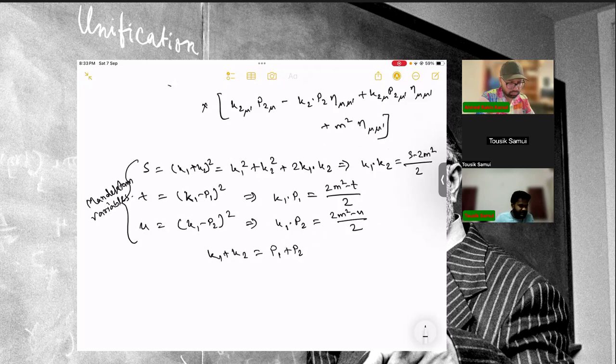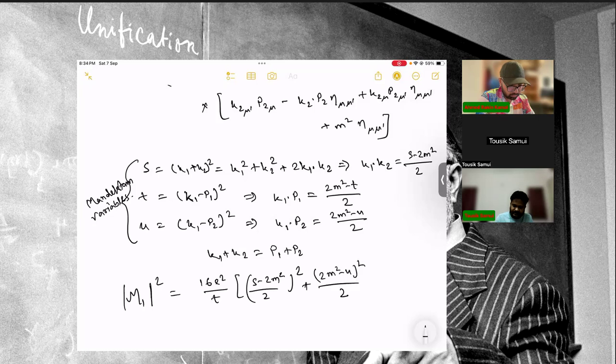So in terms of this, our final expression would be (s minus 2m squared over 2) squared plus (2m squared minus u) squared plus m squared (t plus u) plus 4m squared.